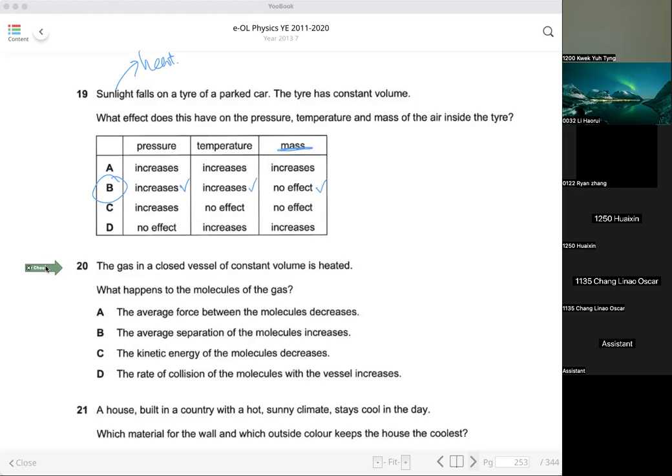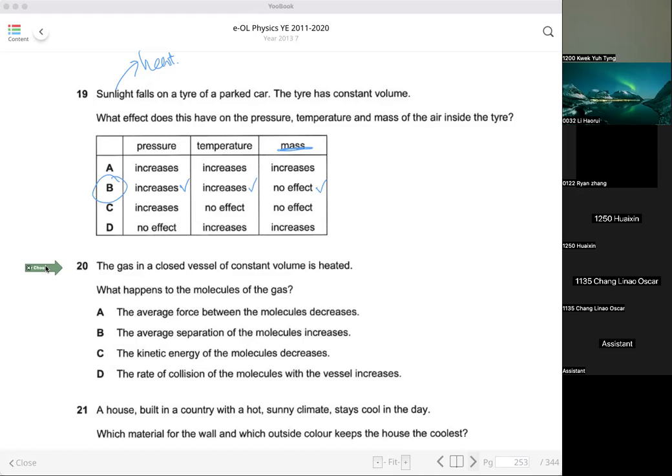Okay, 20. Yi Ting, well done. Oscar, well done. Hao Rui, well done. Bei Kwan, well done.